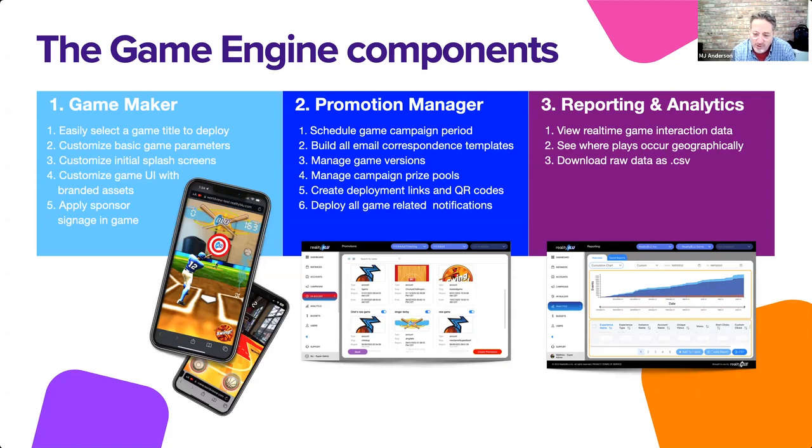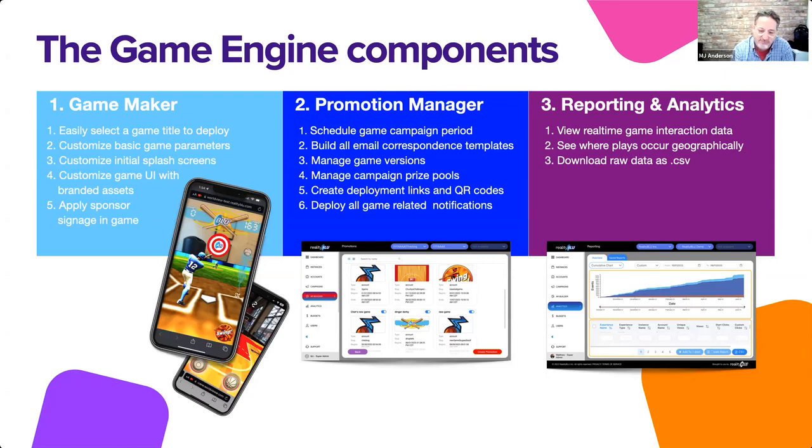Then there's a promotion manager. The promotion manager lets you set up the time frame that you want the game to run. It allows you to build all the email correspondence that you want to have with the fan or the player as they enter their high scores. It allows you to manage game versions.